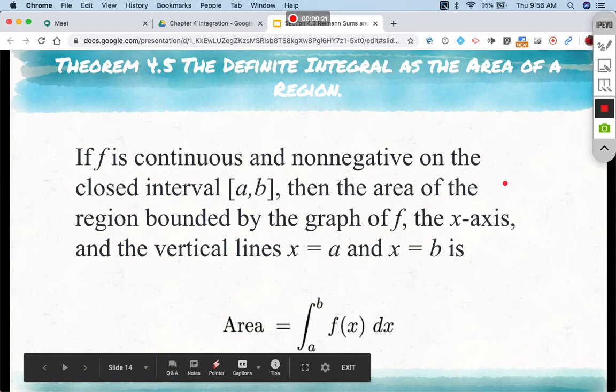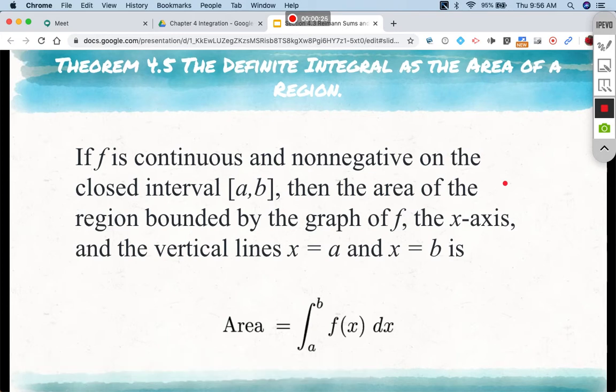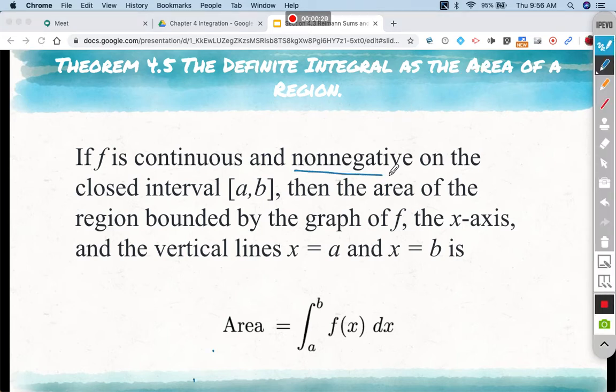So we're dealing with our theorem, that the definite integral gives you the area of a region. For this to work, though, f has to be non-negative and continuous on a closed interval. Then the area is going to be this definite integral from a to b of f of x dx.